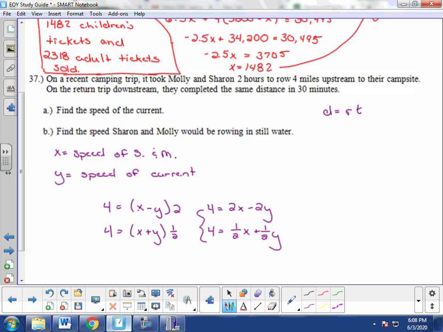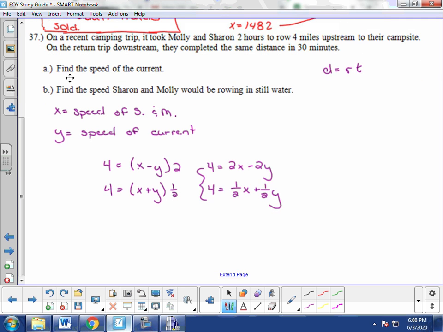So in A, I want to solve for the speed of the current, which would be technically y here. So I'll solve for the variables first and then answer the questions. I'm going to go ahead and use elimination here. So I'm going to double the second equation and then add the two equations together. So 4 equals 2x minus 2y is unchanged.